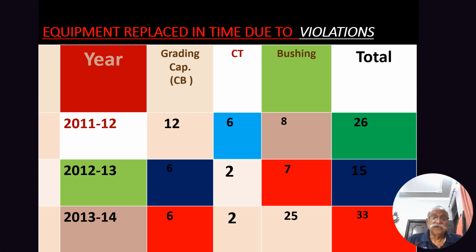And again, in 2011-12 I replaced 6 bushings, 8 bushings, and in 2013-14 I replaced 25 bushings. The very meaning of this is that when there was awareness, decisions were taken, and we replaced these bushings to avoid major damage, that is blasting or fire.